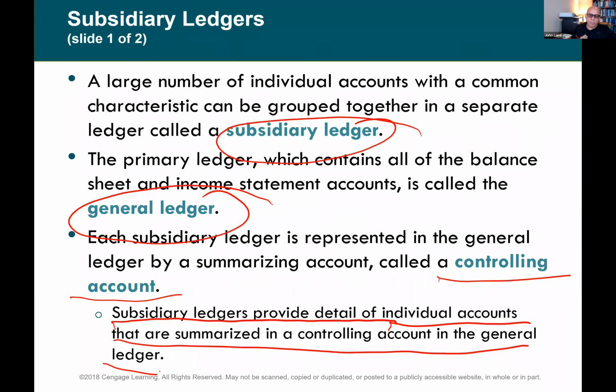So I'd probably take a sample of my client's customers, send out a confirmation saying, hey, do you owe $25,000? If I get a yes on that, that is evidence that helps support the amount of the accounts receivable that's reported in the general ledger, and of course will appear on the financial statements.